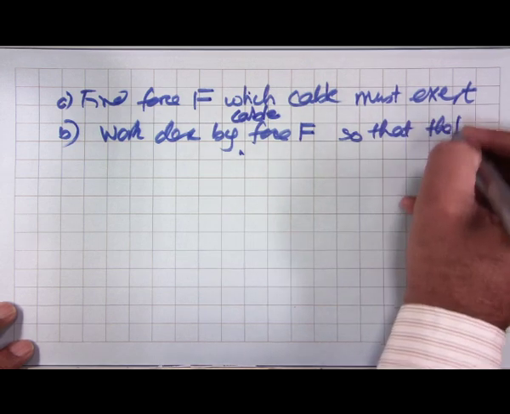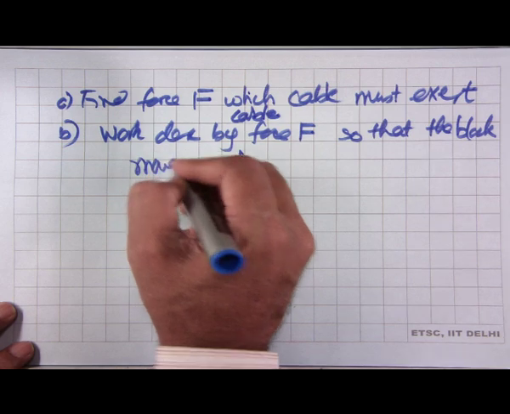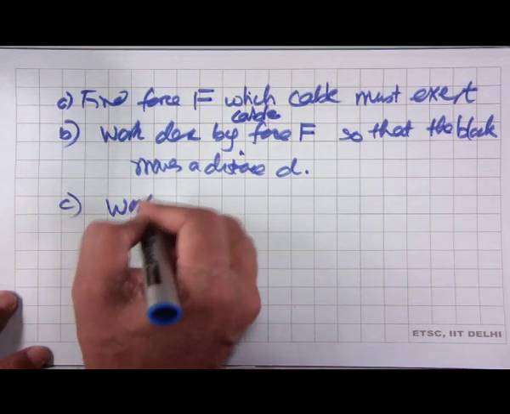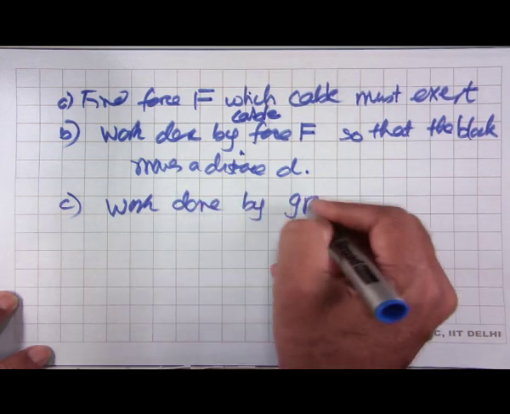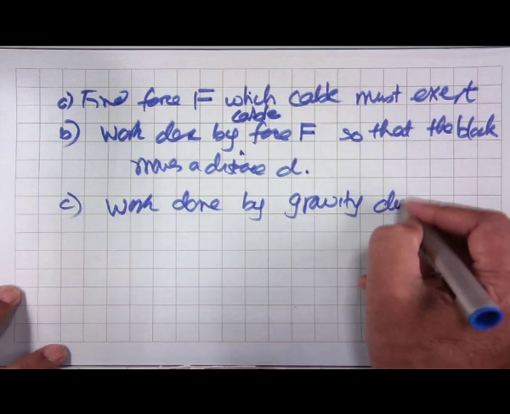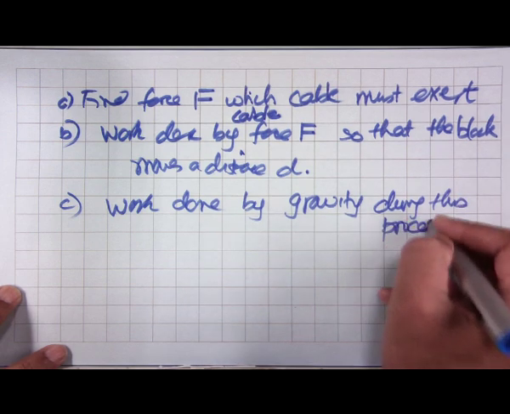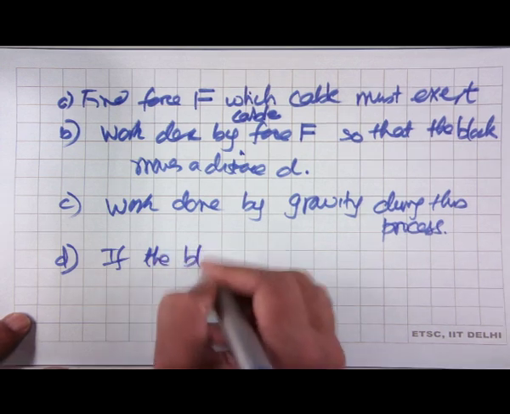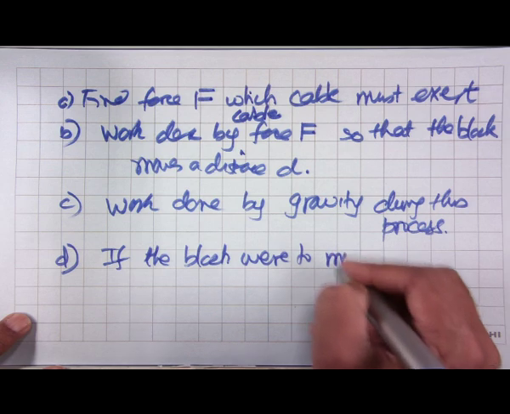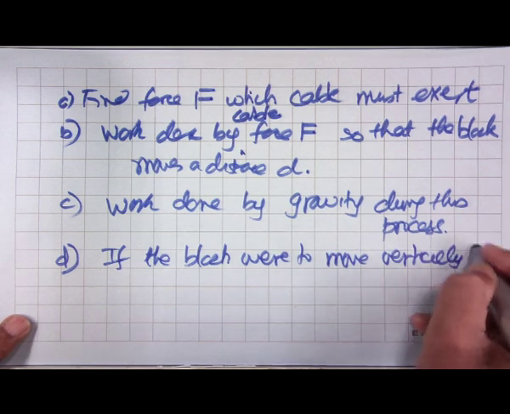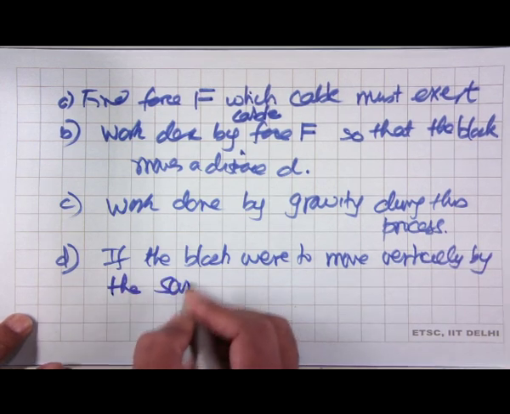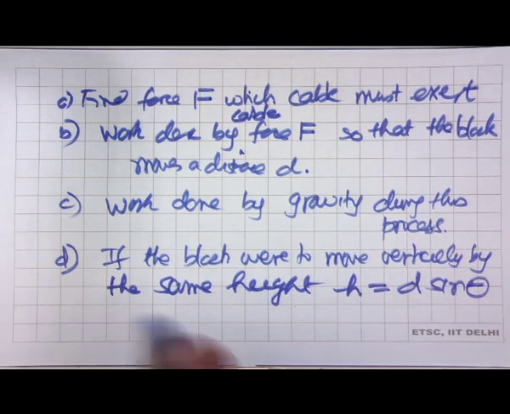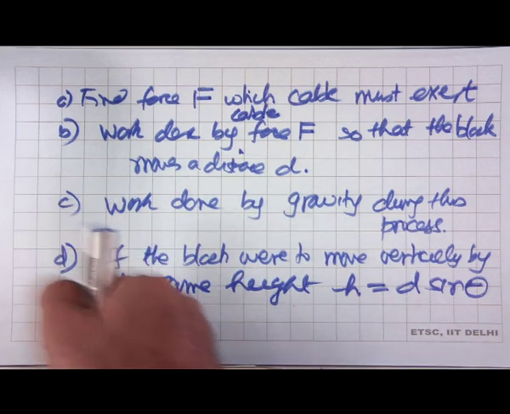So that the block moves a distance d. Then we want to find the work done by gravity during this process, and we finally pose the question: if the block were to move vertically by the same height h, which is equal to d sin theta, that means, if instead of going on a ramp, it was vertically lifted the same height.